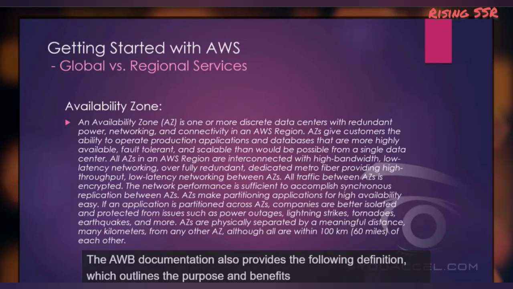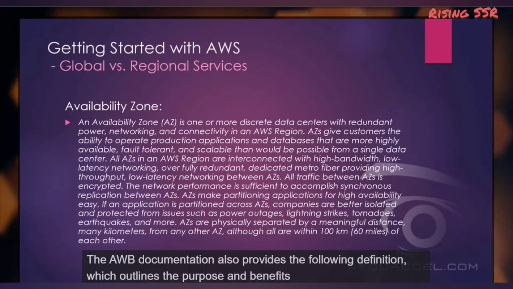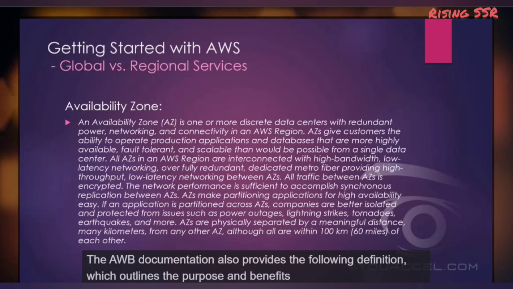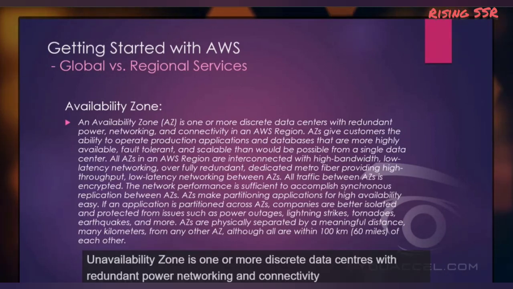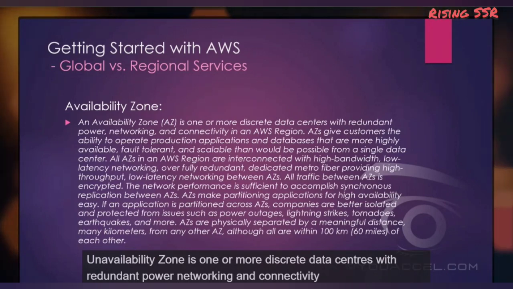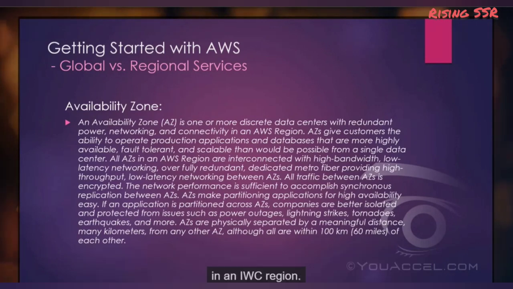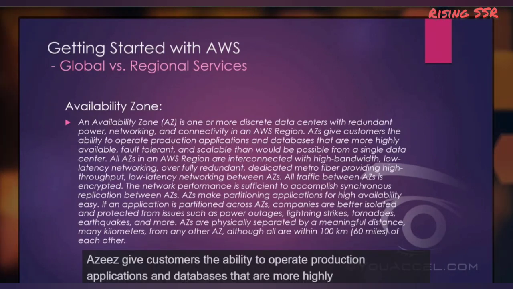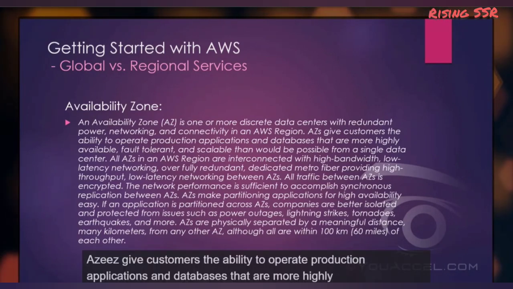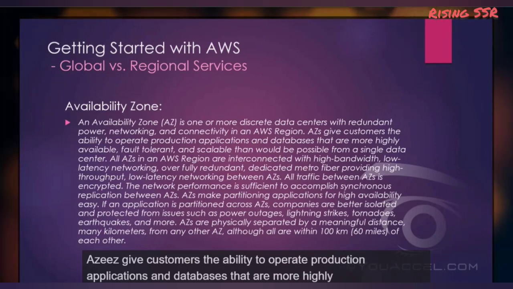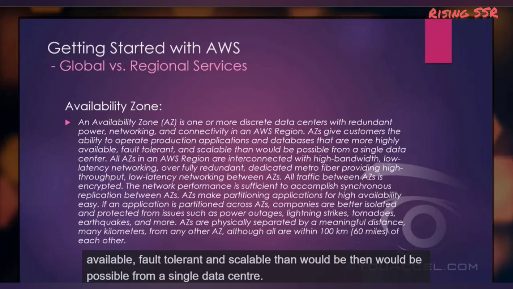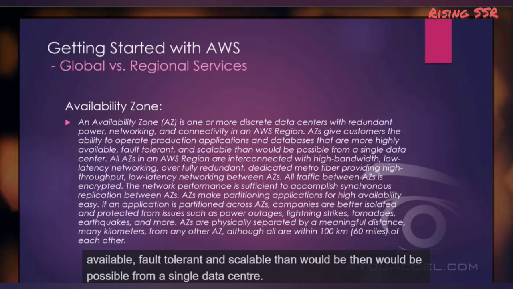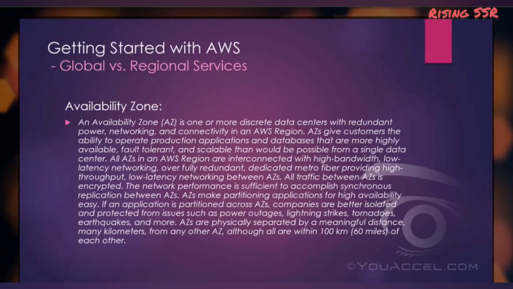The AWS documentation also provides the following definition, which outlines the purpose and benefits of the availability zones. An availability zone is one or more discrete data centers with redundant power, networking, and connectivity in an AWS region. AZs give customers the ability to operate production applications and databases that are more highly available, fault-tolerant, and scalable than would be possible from a single data center.